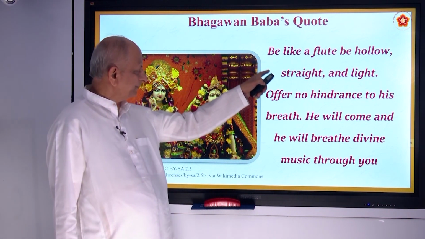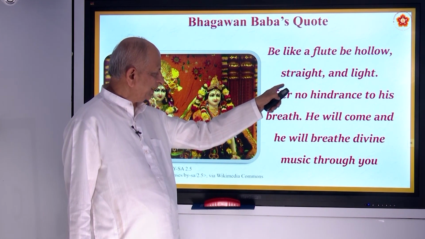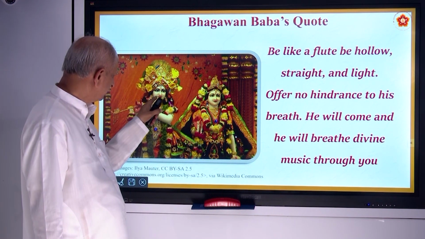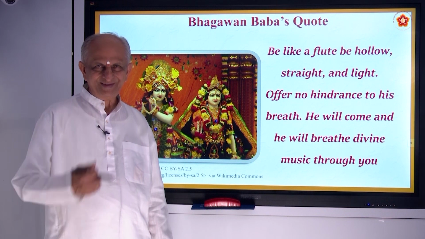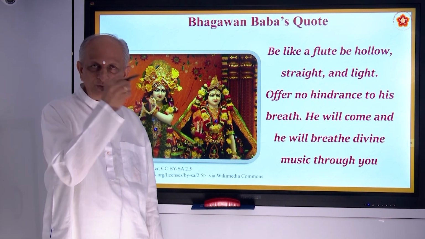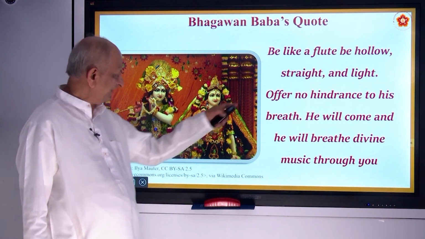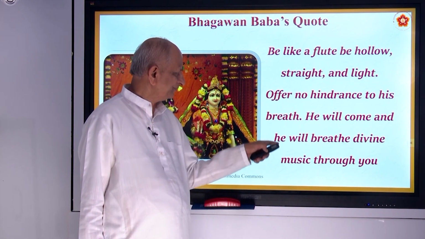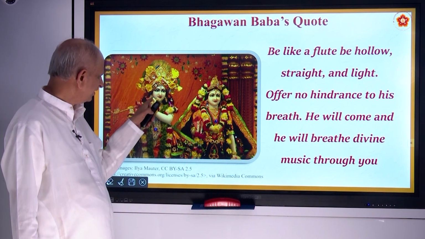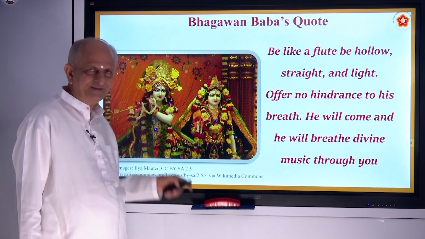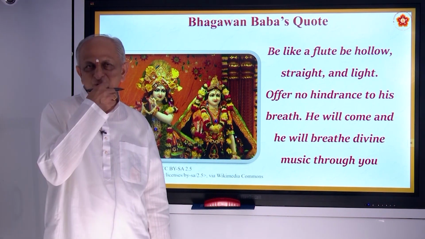Be like a flute, be hollow, straight and light. How many have seen a flute? In the flute, it is fully hollow. And it is straight also, and it is light also. So there is no hindrance to the breath. When it is in the Lord's hands, the Lord will be blowing with that.